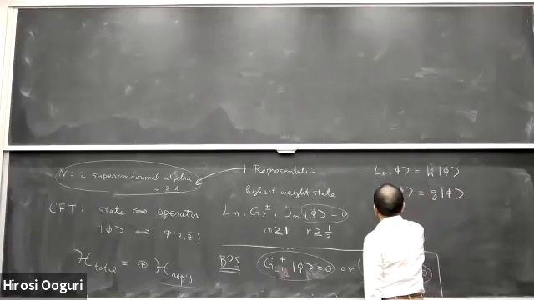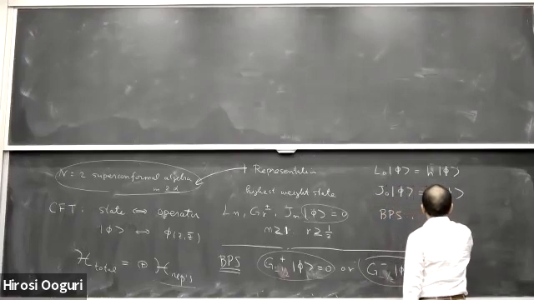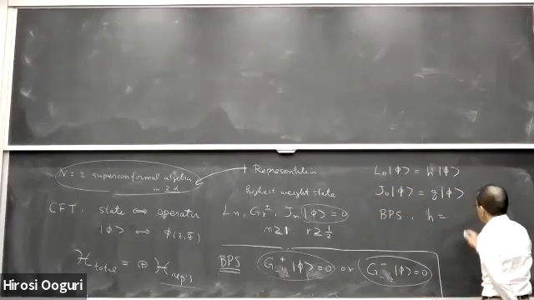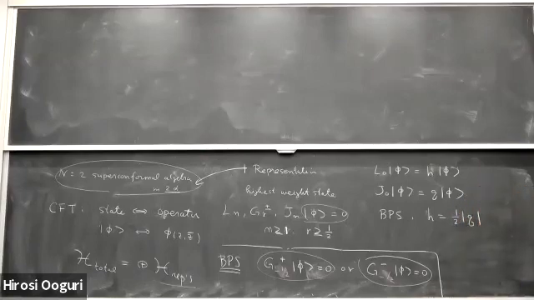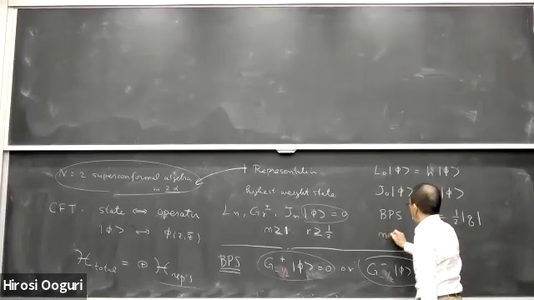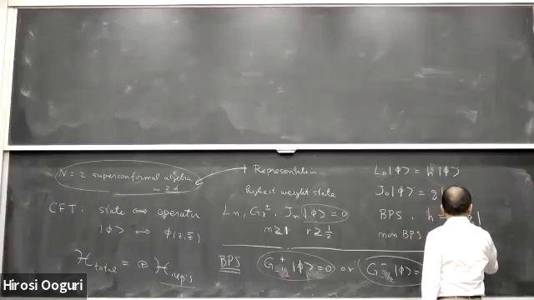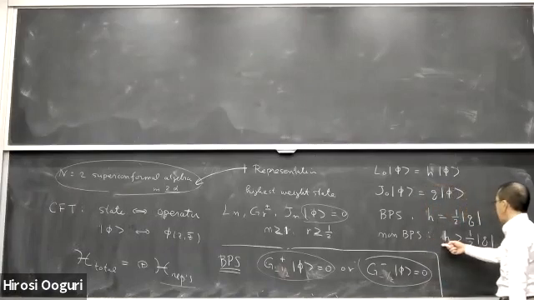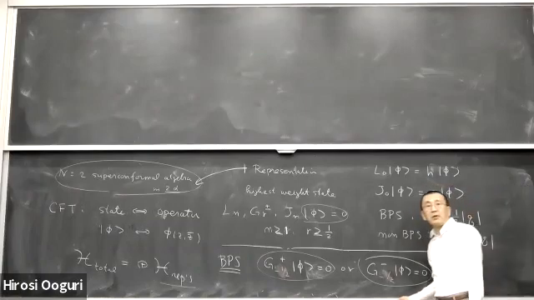But if you have BPS, then the highest weight h, the conformal dimension, is equal to 1/2 of the absolute value of the U(1) charge. So this is one of the conditions. In general, if you have non-BPS, h is greater than 1/2 of the absolute value of the charge. So as you decrease h and it hits h equal to 1/2 of the charge, you can decompose the representation into BPS representation.